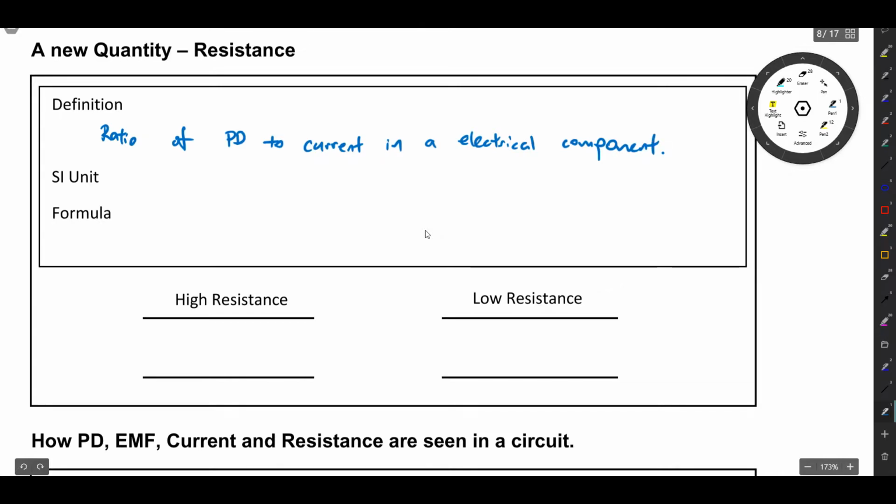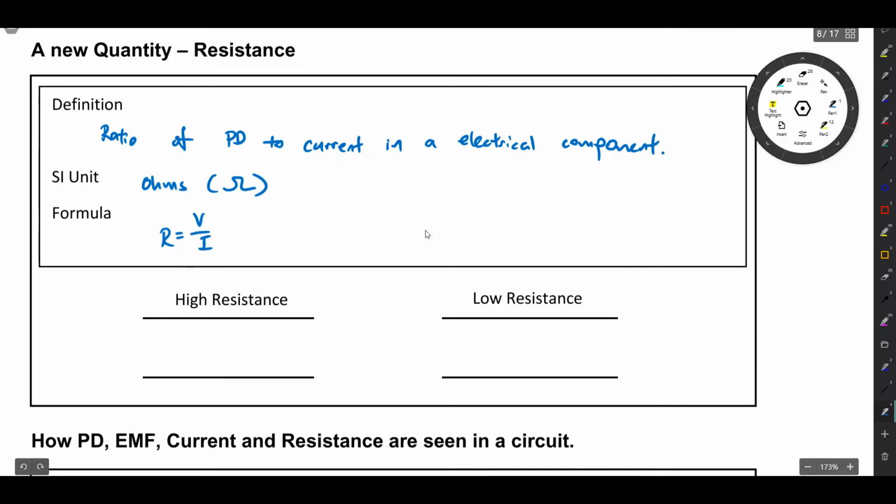So I'll unpack this, especially this part on the ratio of PD to current. First things first, the SI unit is ohms, and the formula goes R equals V over I.